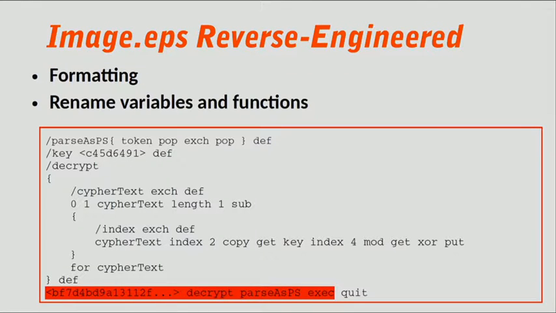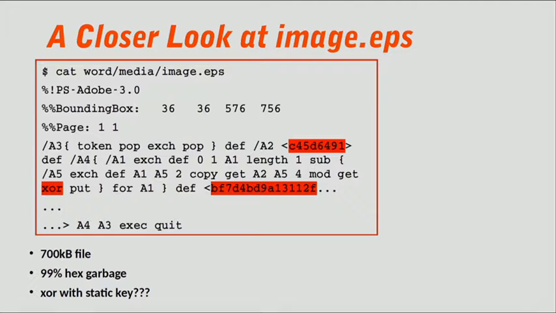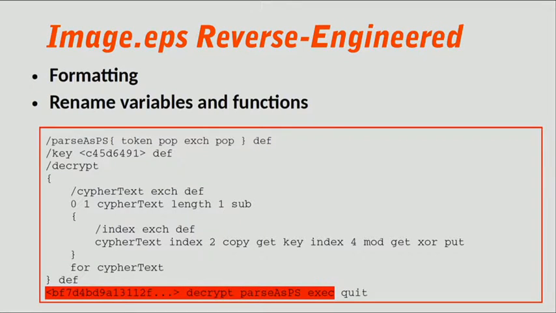So you do some formatting, indentation, new lines, then you rename the variables and functions as you feel is correct, because they all have just random names like A3, A2, A1. And then you can see that this function is basically parse as PostScript. Then this is the encryption key. That's the decrypt function. It's symmetric.